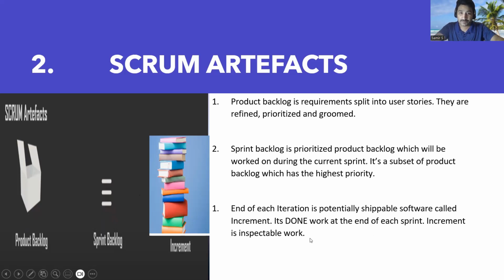Increment is inspectable work. Who inspects this? The stakeholders, the people who are paying for the software. They would inspect it at the end of every sprint. So it is an inspectable piece, a done piece, produced at the end of every iteration. That is called increment. So we spoke about product backlog, sprint backlog, and increment. Let's get to the final slide here.